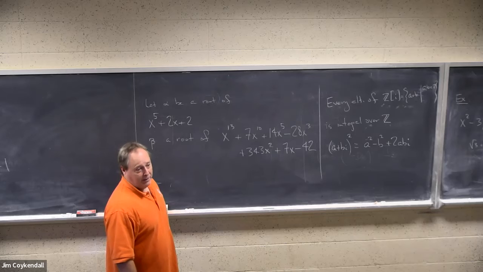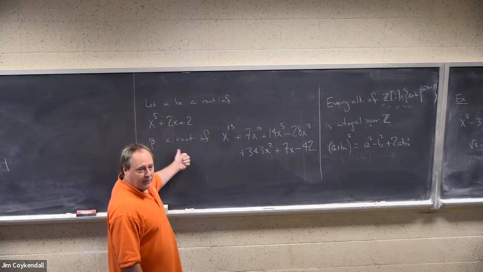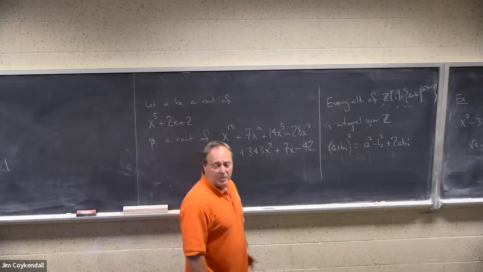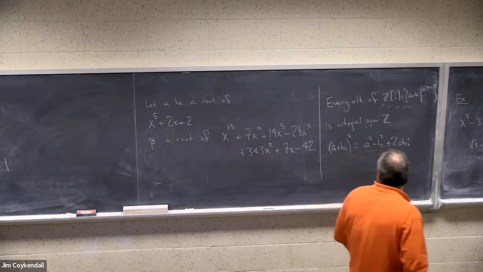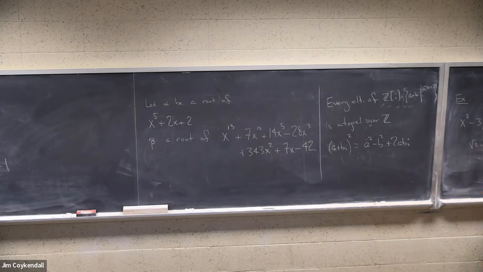One of my personal polynomials. Beta is the root of this one. These are both irreducible. By the way, I know both Eisenstein. So by definition, they're irreducible polynomials. The first one should have 5 complex roots, and the second one should have 13 complex roots. I picked one each, alpha and beta.